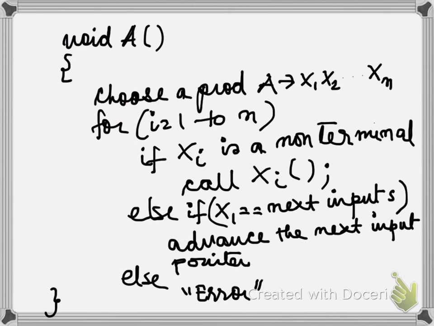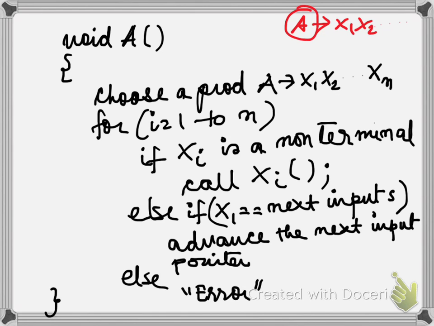Now recursive descent parsing can be implemented by considering each non-terminal to be something like a procedure. So if I have a production like A derives x1, x2, then for every non-terminal I will have one procedure, one function.